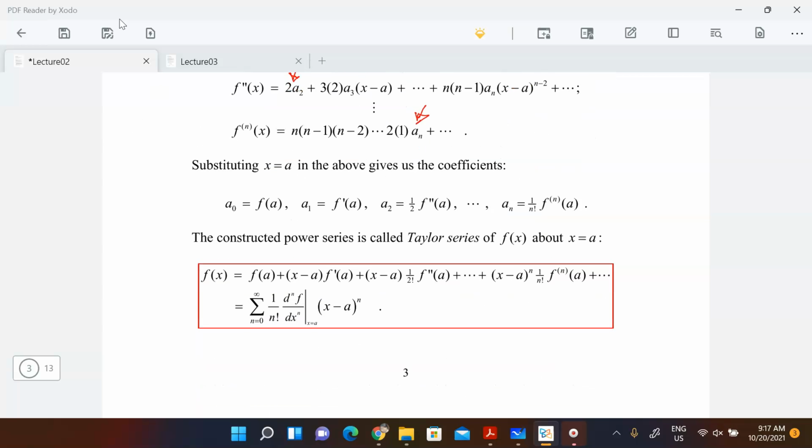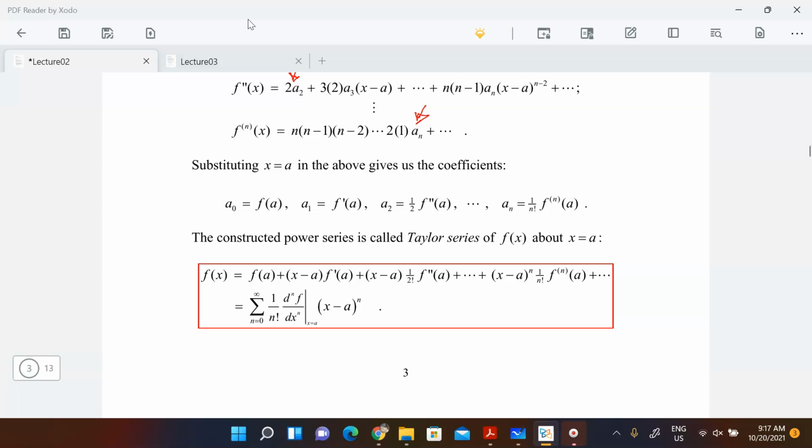So finally, once you do that, you will see that the coefficients are simply the derivatives evaluated at a.